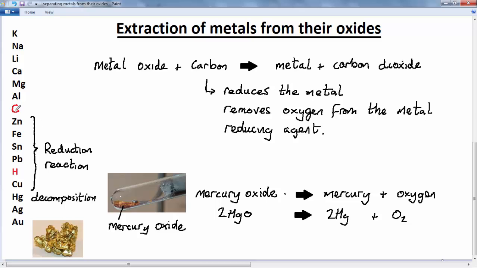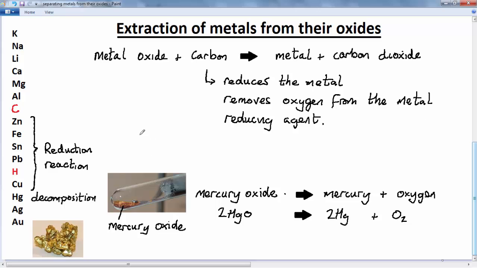So the higher up above the metal carbon is, the easier it finds it to reduce the metal. So it's much easier for carbon to reduce copper from its oxide than it is for it to reduce zinc from its oxide. So for example, again, you can see this reaction in the practical demo section as well, where we use carbon, that's soot, to reduce copper from copper oxide.